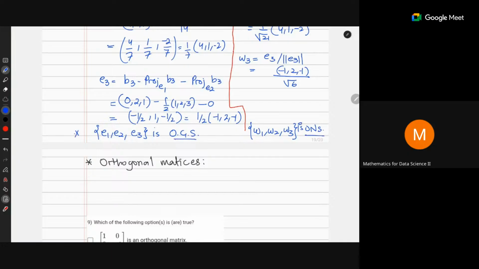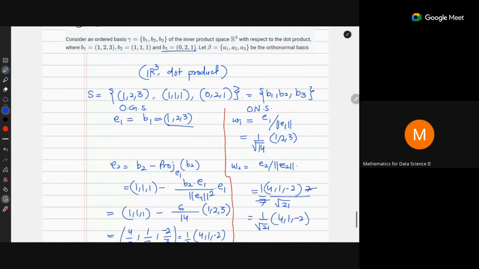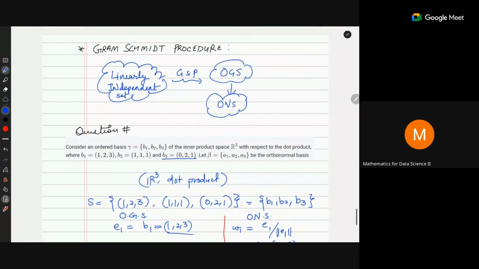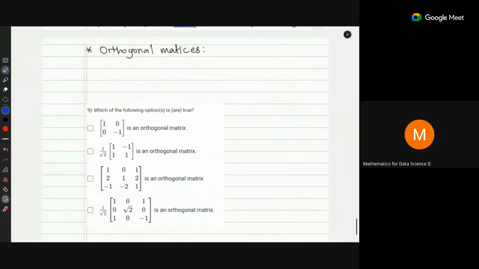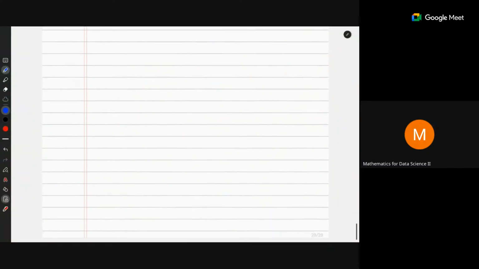All right. Okay. So this is the Gram-Schmidt process for the case of 3 vectors. You can generalize this process for higher dimensional vectors.